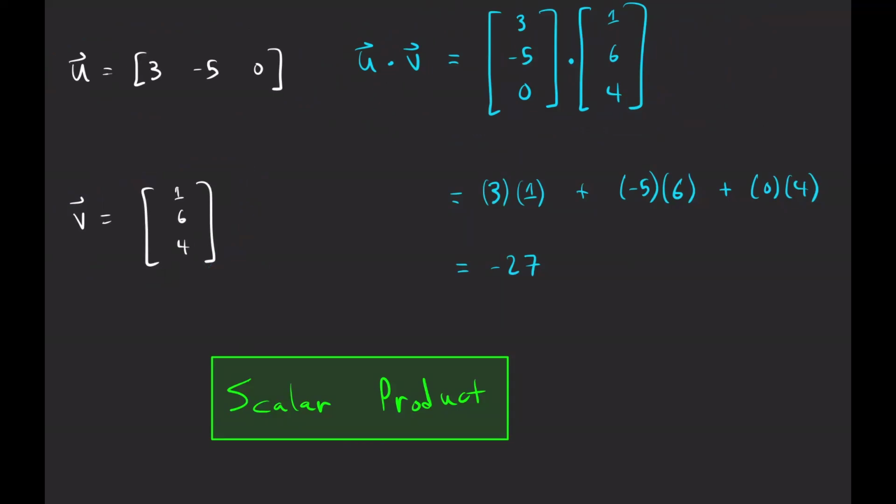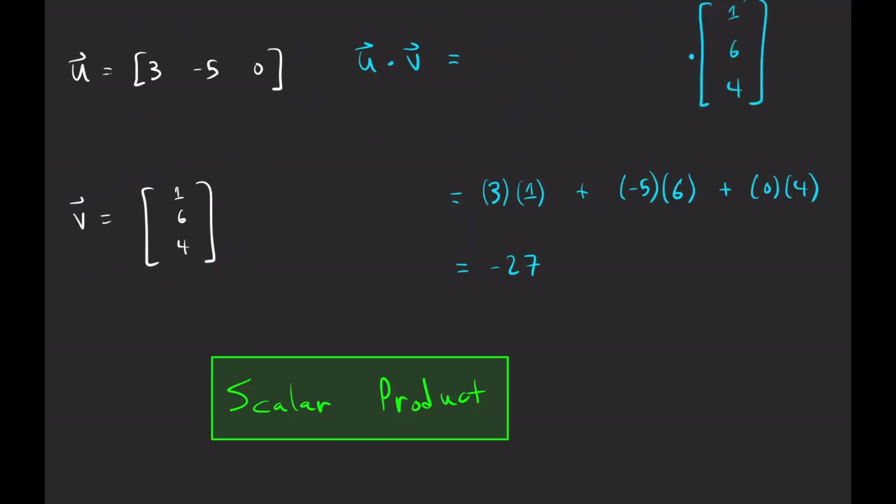This scalar product, interestingly enough, is also notated with a dot. This is really getting at the point that I'm trying to make, that for most intents and purposes, scalar products and dot products are the same thing. It just kind of depends on how your vectors might look, if you have 2 column vectors or 2 row vectors.